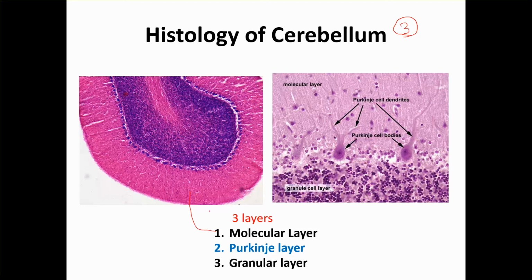Then this is the Purkinje, right in the center. The second layer is the Purkinje cells, and then the inner one is the granular layer, darkly stained and densely packed with lots of cells. And the light pink over here will be the white fibers.